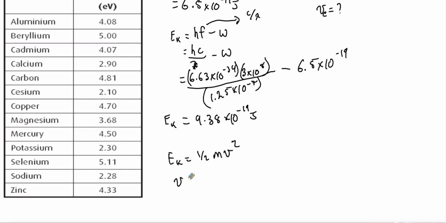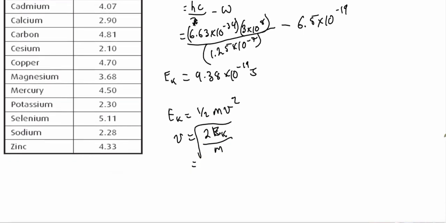So the velocity is going to be equal to the square root of 2 times my kinetic energy divided by my mass, which is going to give me 2 multiplied by 9.38 times 10 to the negative 19 joules, all divided by my mass, which is 9.11 times 10 to the negative 31 kilograms.